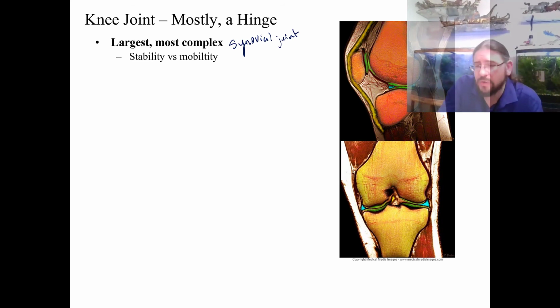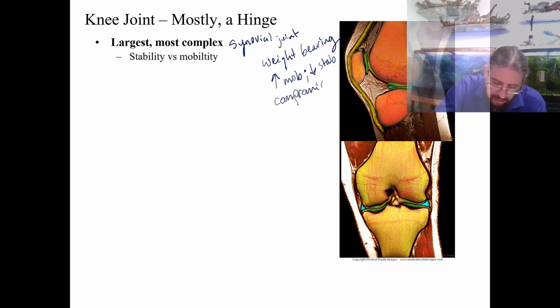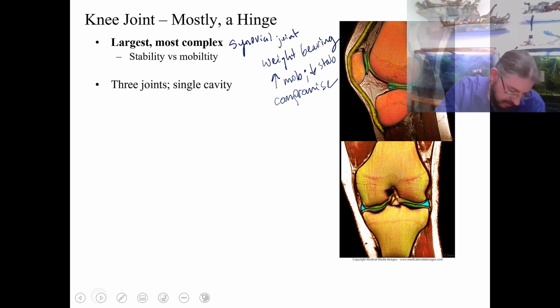In other words, due to the weight-bearing nature of the knee, so it's a weight-bearing joint, when you increase mobility, you decrease stability, right? So the knee is sort of a compromise between mobility and stability. So not too terrible. There are essentially 3 joints in one synovial cavity, and I mentioned this already.